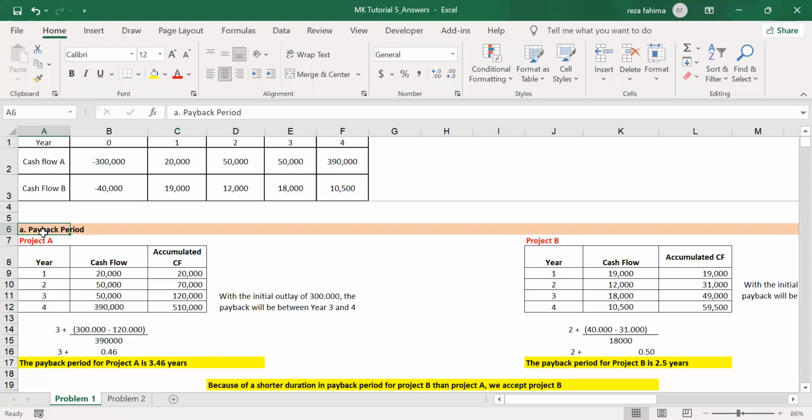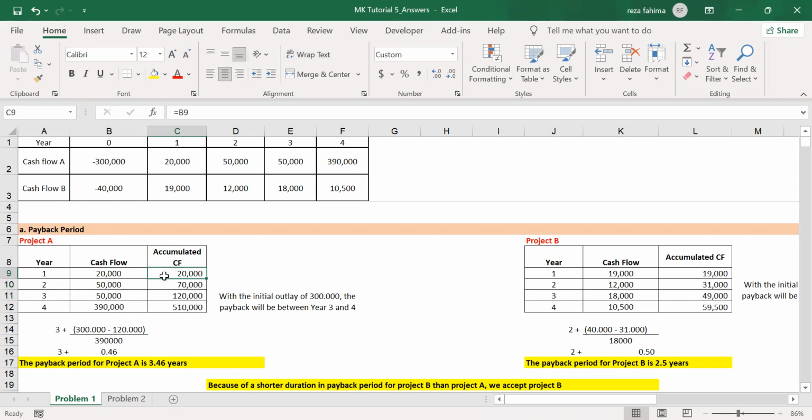Okay, now we're going to do the first method, which is payback period, and we're going to calculate project A first. The first step is to list the year of the project and then list the cash flow of the project, and you do the accumulated cash flows by accumulating each year's cash flows.